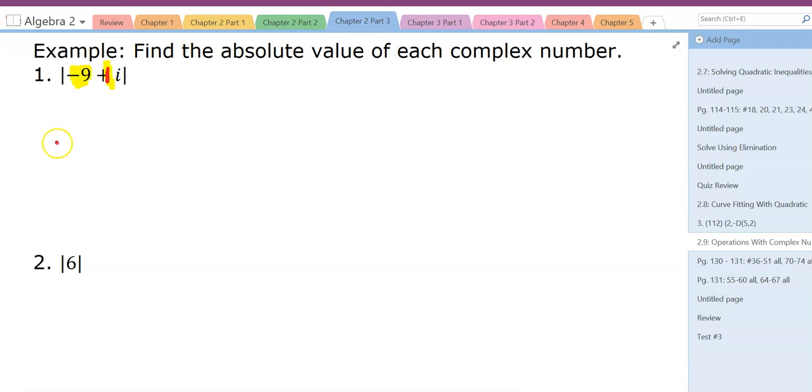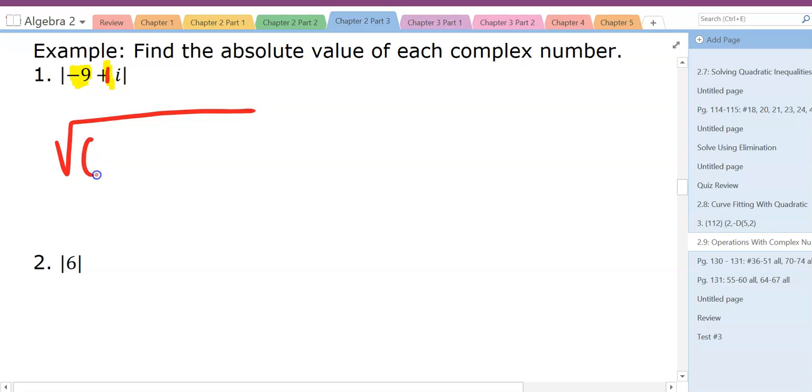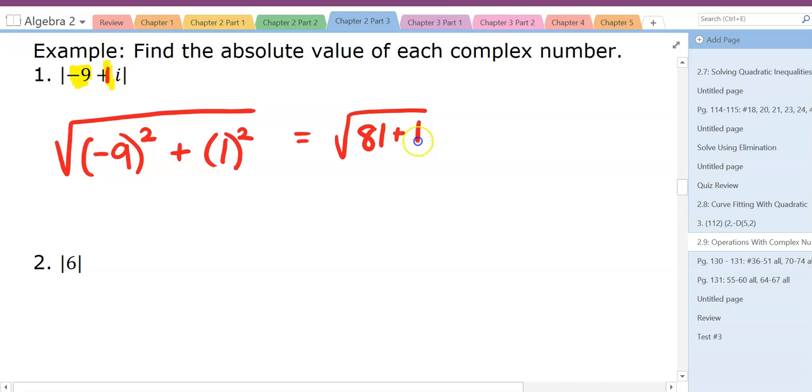So underneath the big square root, you're going to do -9 squared plus the 1 squared. So what's -9 squared? 81. And 1 squared? 1. So this is going to be the square root of 82. And you can leave it in square root form. You don't have to give me a decimal answer.